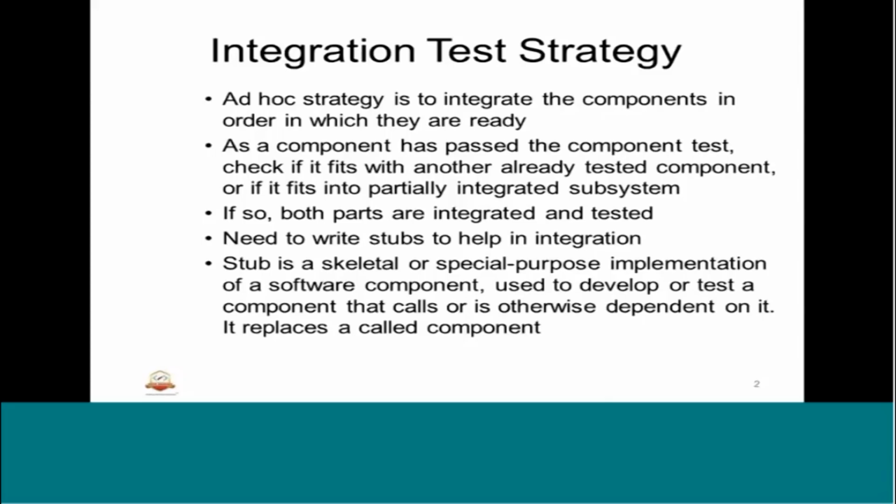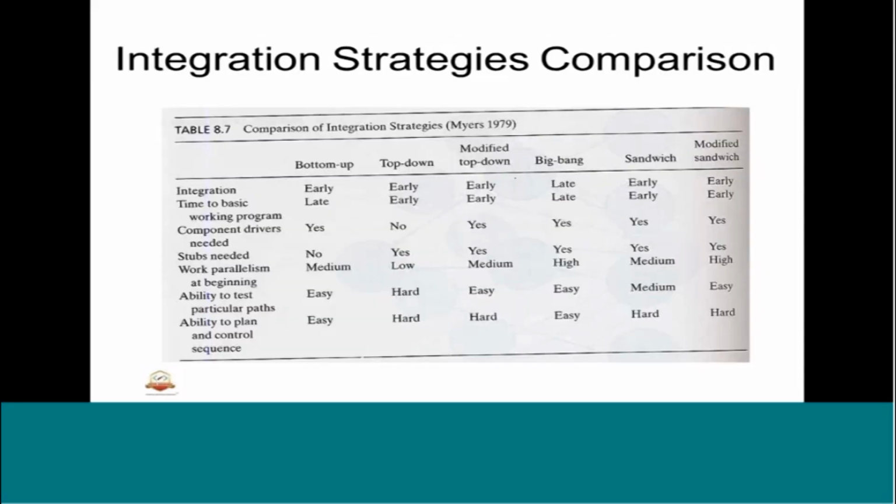We can go for big bang integration testing where the entire group of modules can be tested all together. So that strategy also we can adopt. That is again subjective.